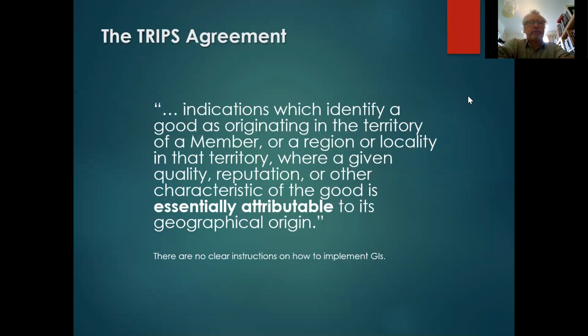But there is a bigger reason why the United States, Canada, Australia, New Zealand, and more, actually Latin America, Argentina, why these countries generally are quite critical of geographical indications.